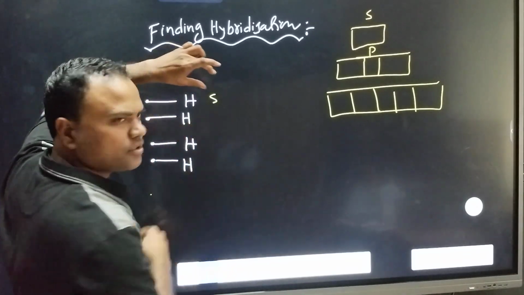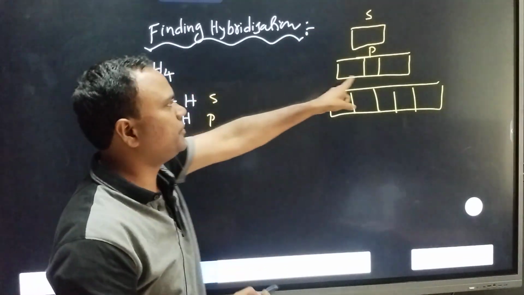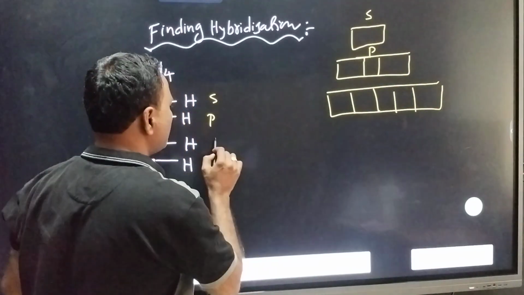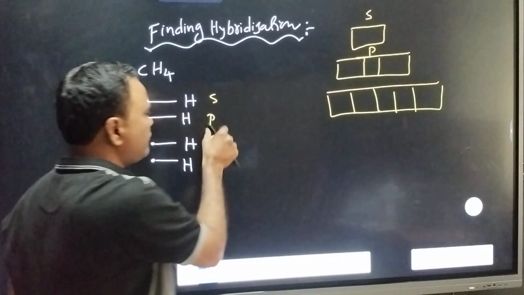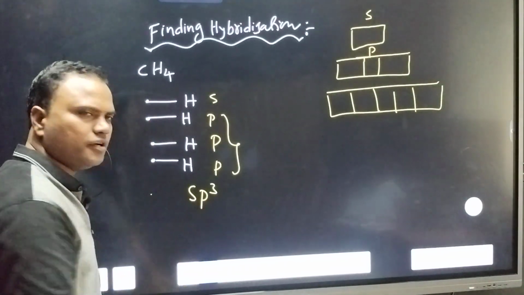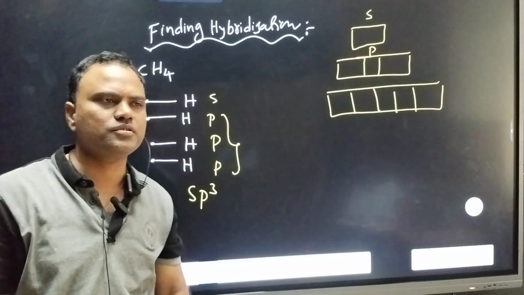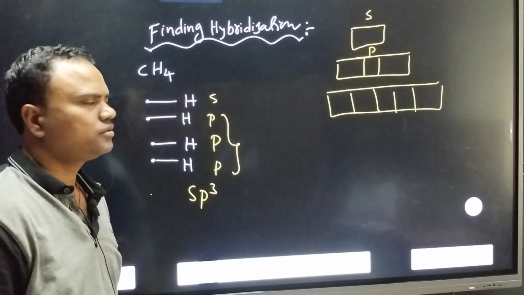Next, p: how many p orbitals do we have? Three. So total one s orbital and 3 p orbitals. So, sp3 hybridization. Valence dot method.